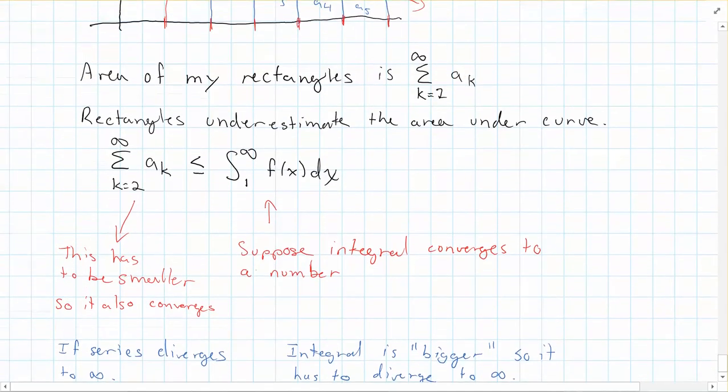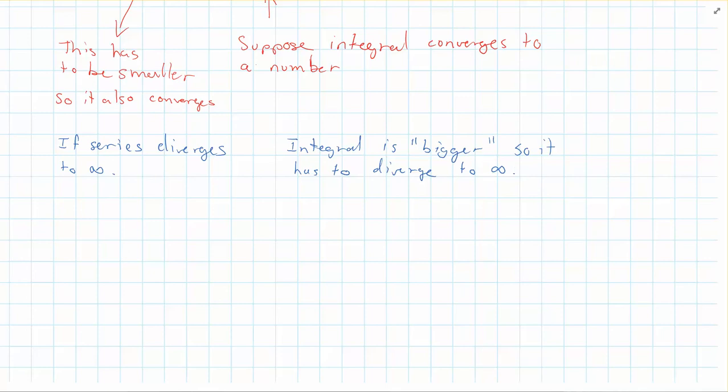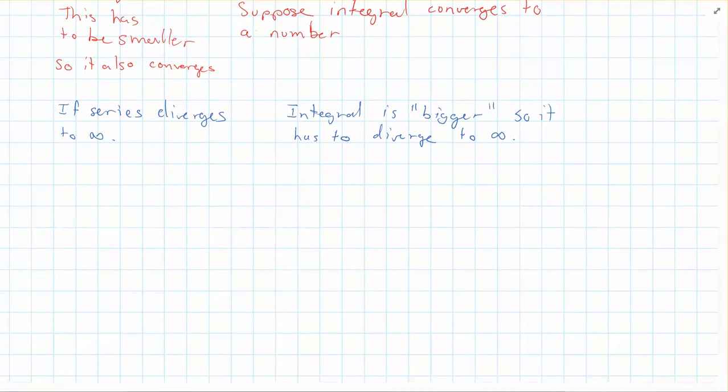Now this is really only half the argument here. We do need another argument to get it completely, and I'll draw the picture, but the argument is very similar. So that gets us kind of halfway to the proof.